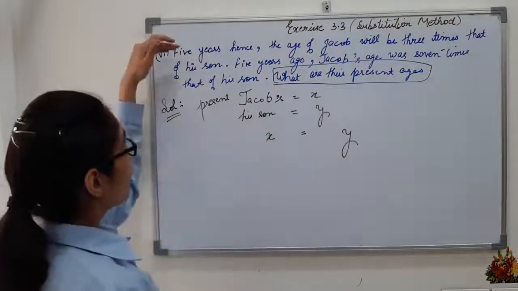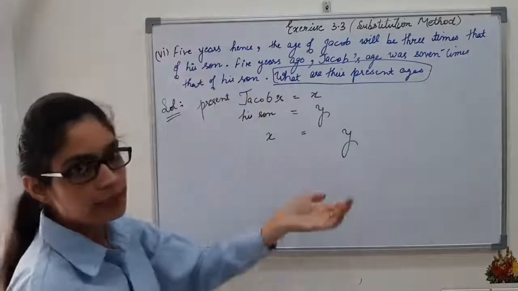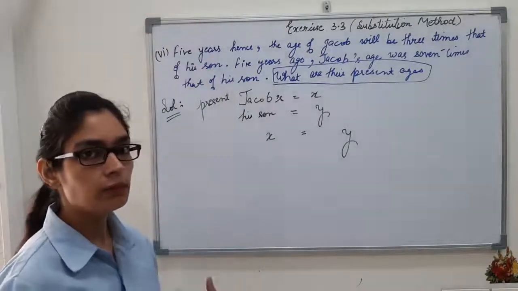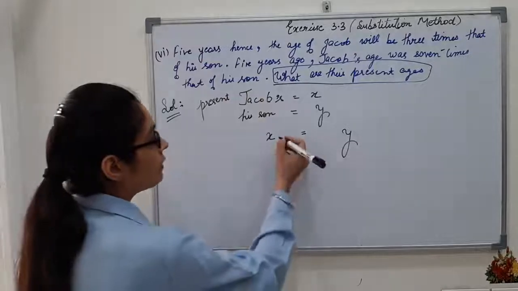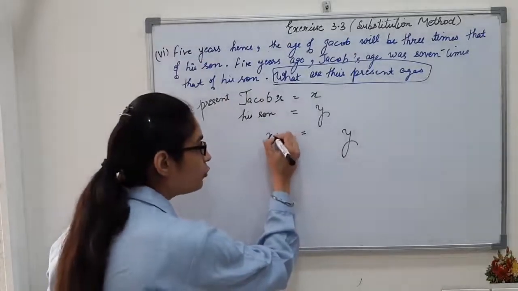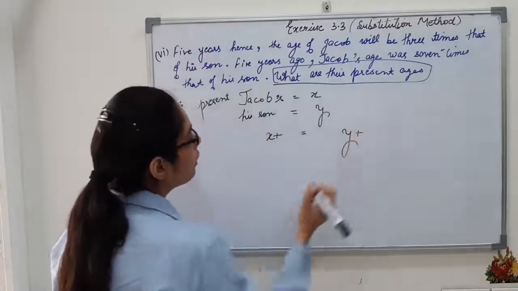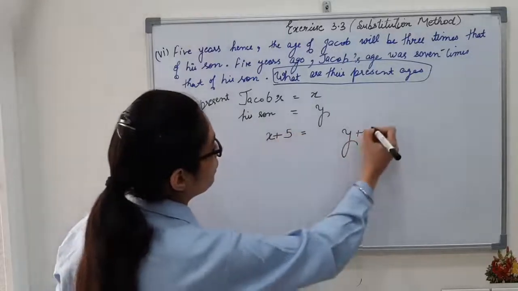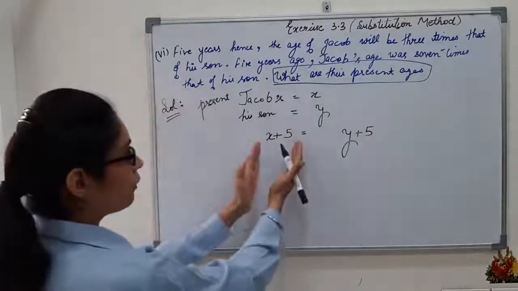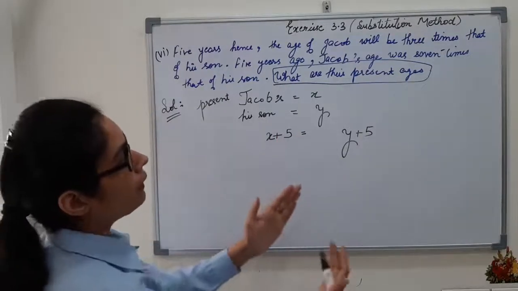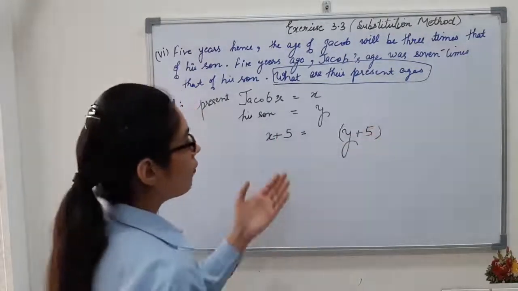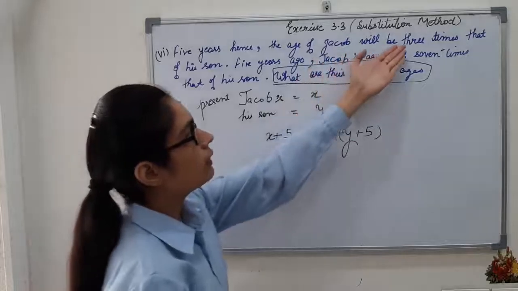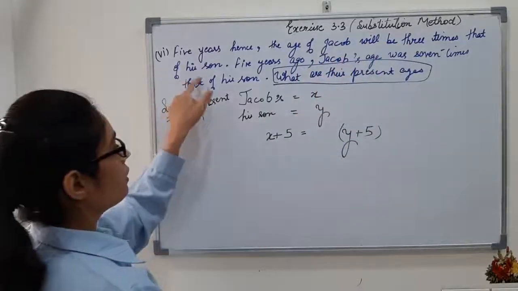So now we are talking about 5 years hence, 5 years from now. Hence means in future, and future means plus. 5 years from now, Jacob's age will be, after 5 years, 3 times that of his son.